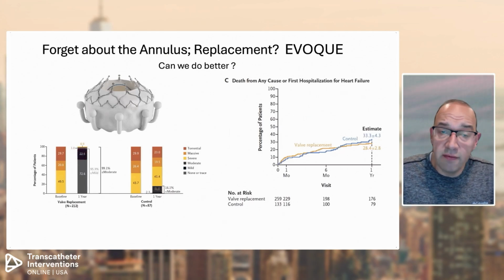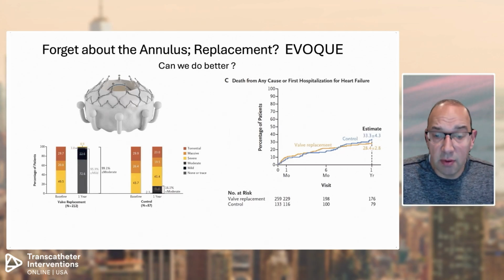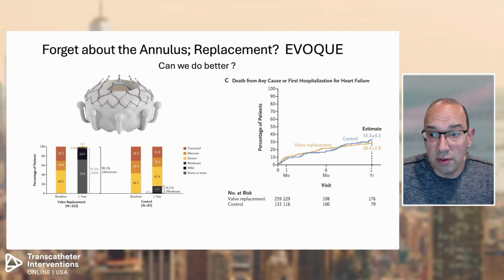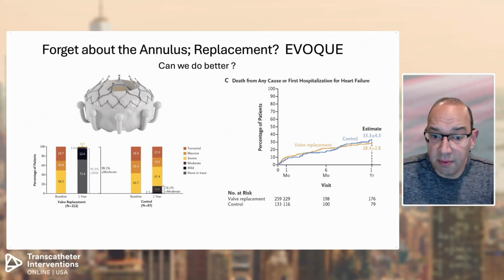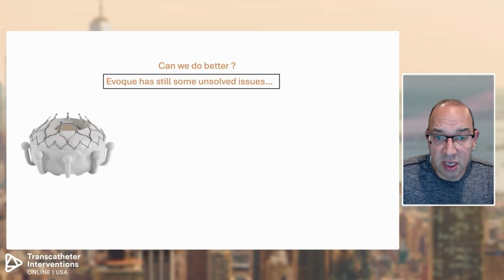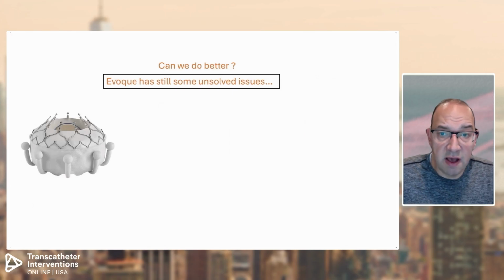Therefore, if we don't want to do repair, let's just do replacement. The predictable outcome of replacement is pretty much eliminating tricuspid regurgitation. However, this is the valve that is FDA approved, the Evoke.